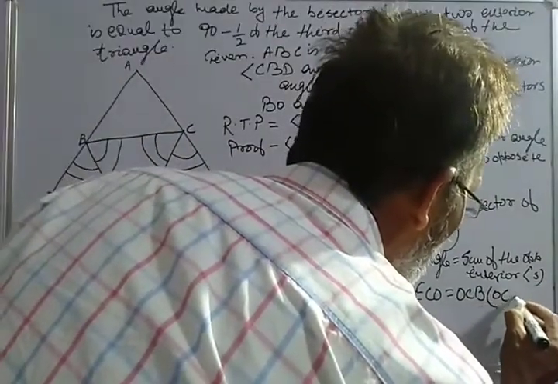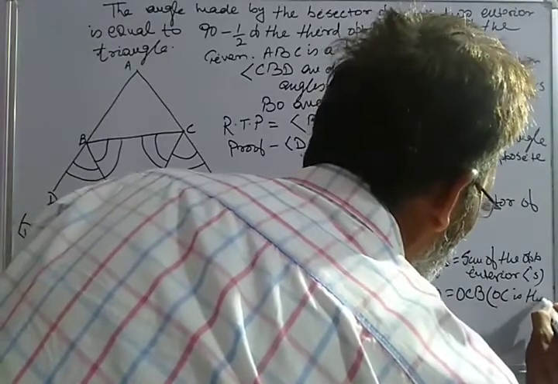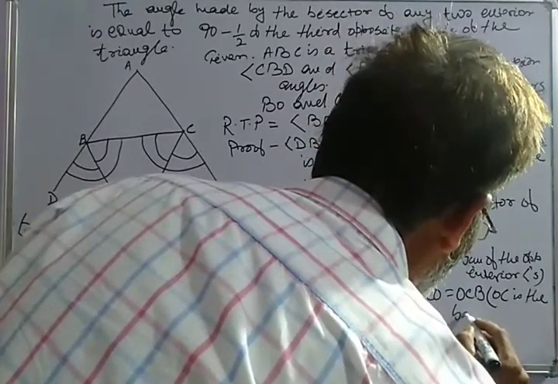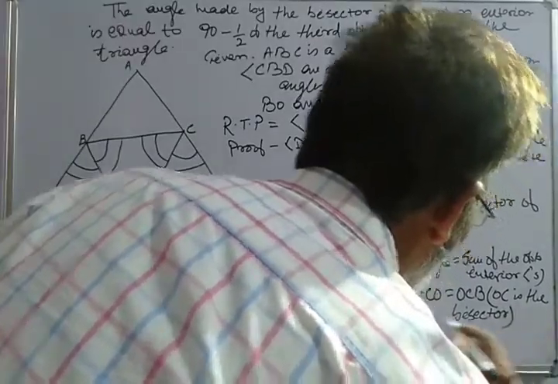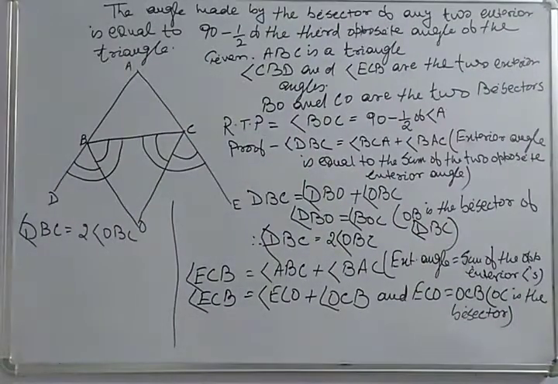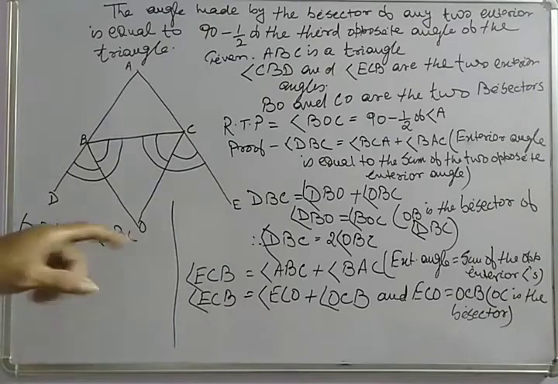OC is the bisector. Now I can write here ECB.